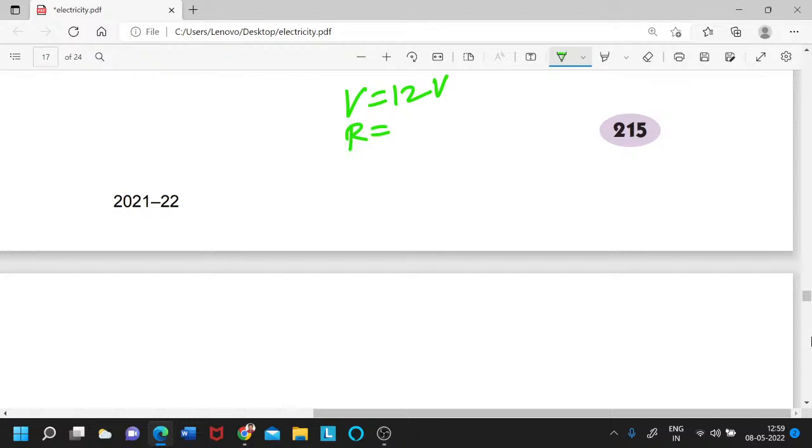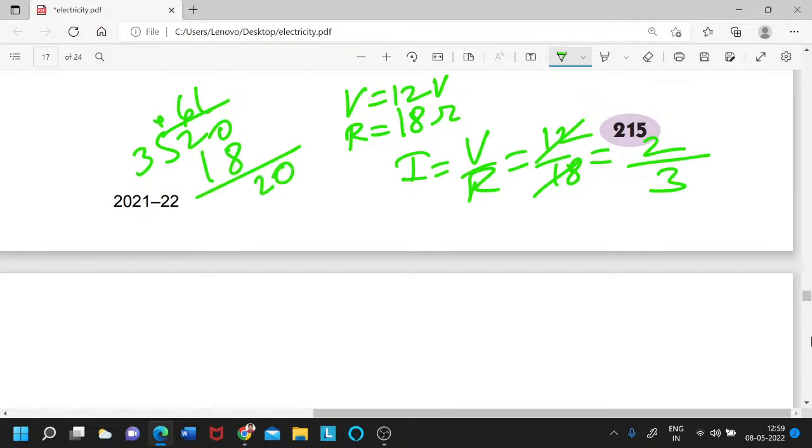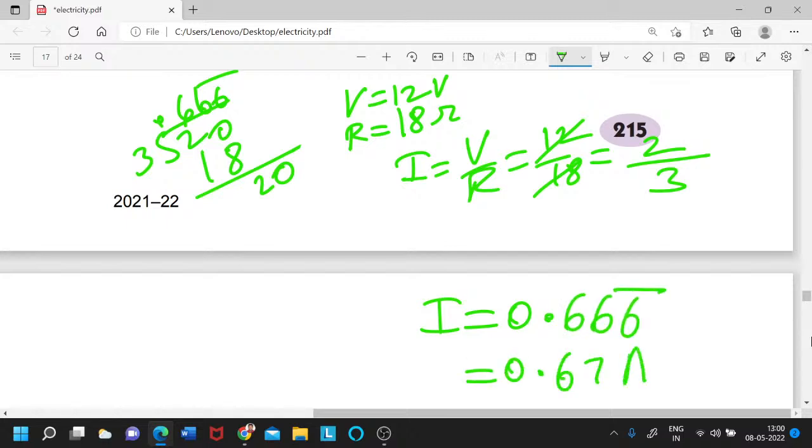Resistance is how much? 18 ohms. I is equal to V by R. 12 by 18, 6 tables, 2 by 3. So 0.666 bar. So the answer will be 0.67 ampere.